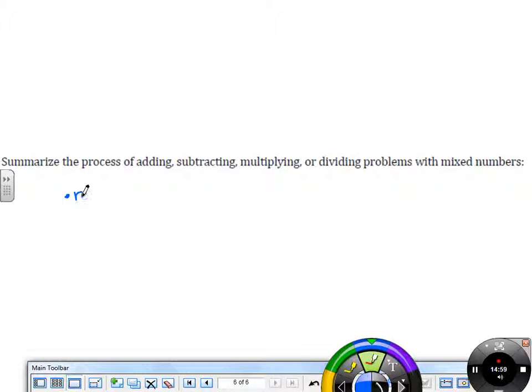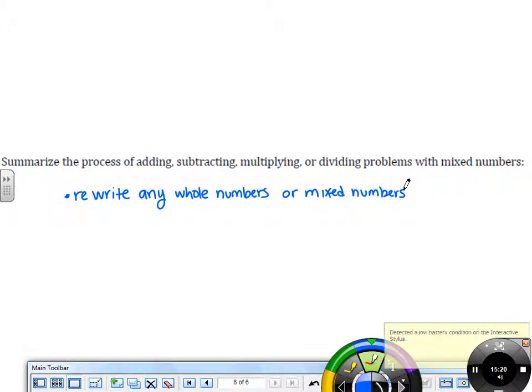So what we did each time is we would rewrite any whole numbers or mixed numbers as improper fractions.